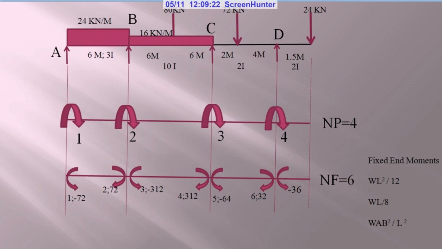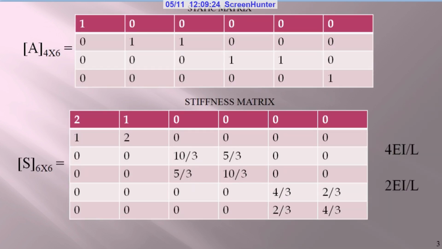So in this static matrix, this is the fourth number which is representing the row, rotation number 4. 1, 2, 3, 4, 5 and 6. The sixth column I have written 1 because at fourth rotation the associated fixed end moment is sixth number, that is 1. Rest all elements are 0.